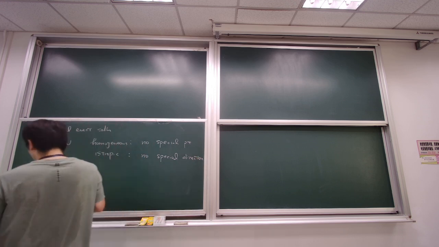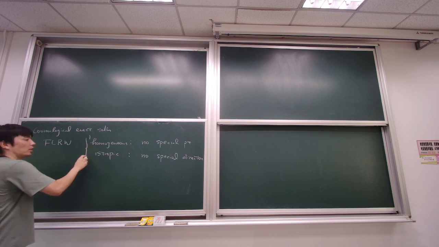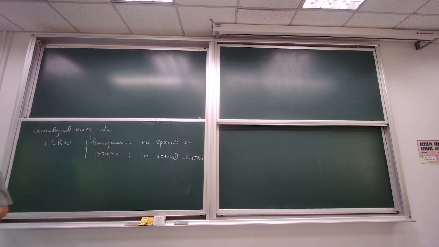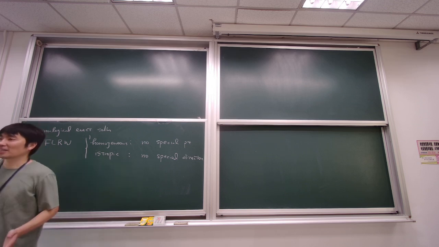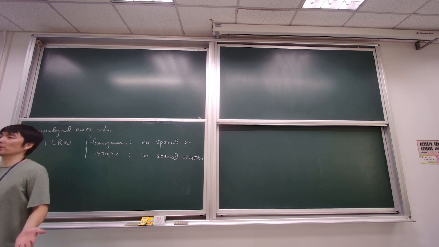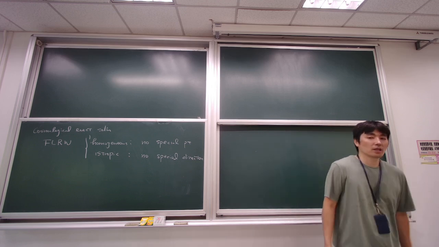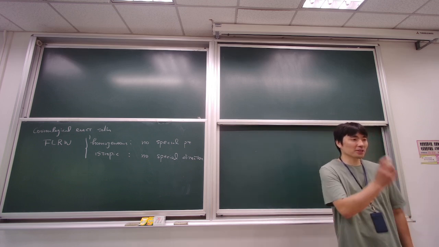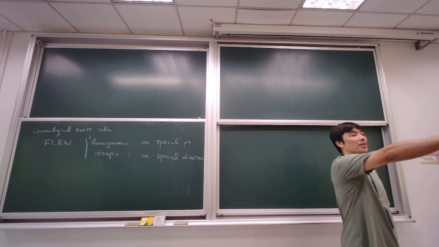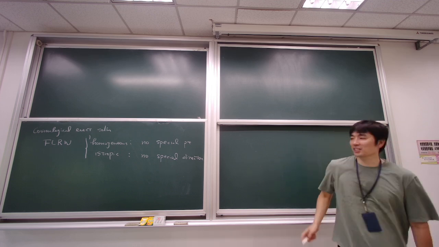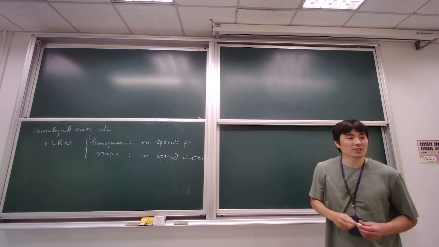The no special point means that if you do a translation of the space-time, the physics observed here should be the same as the physics observed here. And isotropic means that if you look in this direction, it should be the same as looking in that direction. There is no way to distinguish them.